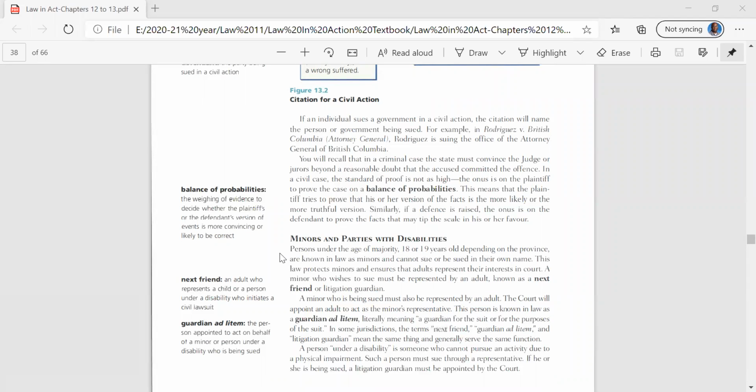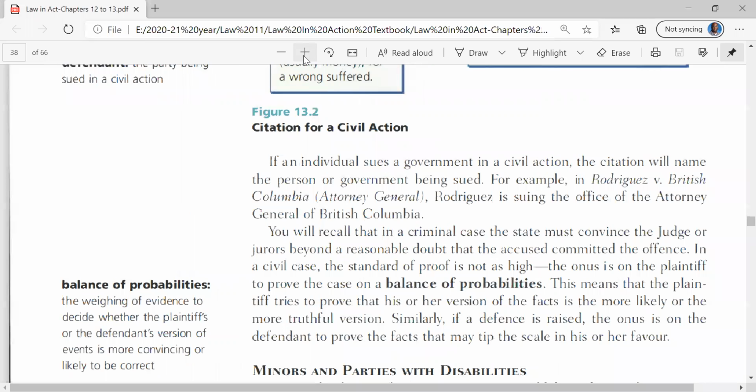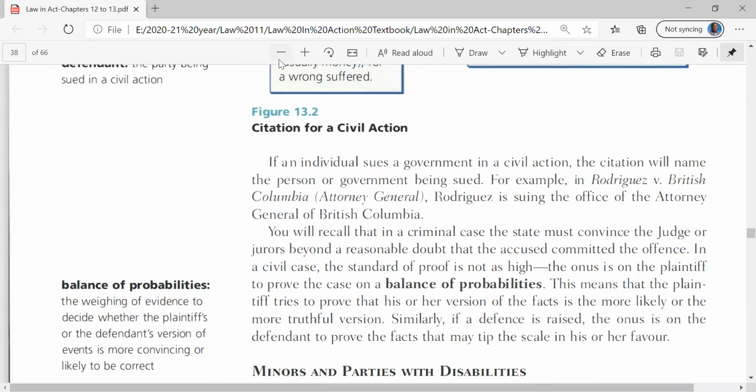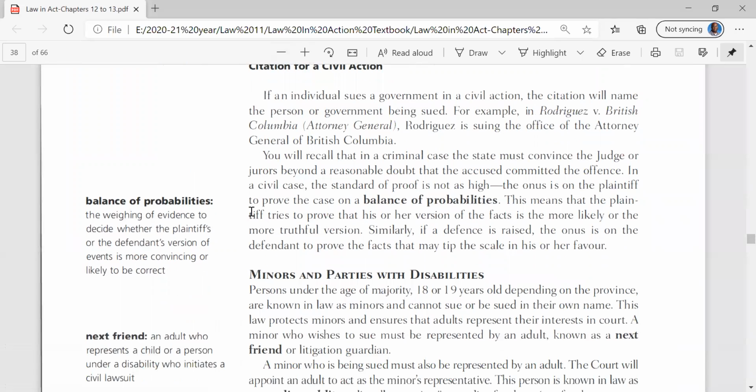Now, when you are participating in civil legal action, it's not based on the same system you use in criminal law. In criminal law, you make decisions based on what's called reasonable doubt.